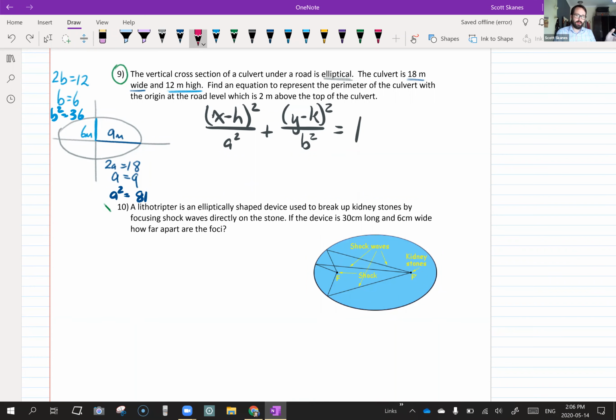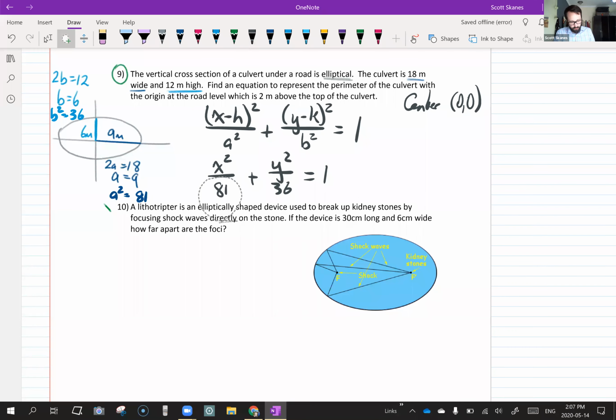What's h and k? Well, because of the way I set this up, the center is 0. So it's very fast. X squared over 81 plus y squared over 36 equals 1. The 81 is our A squared, 36 is our B squared.